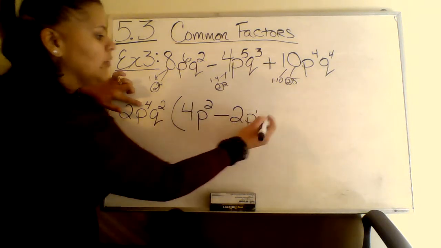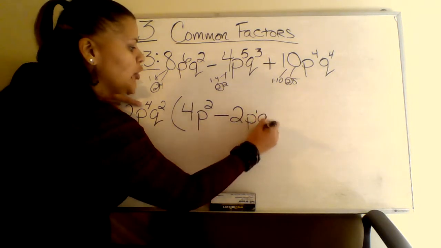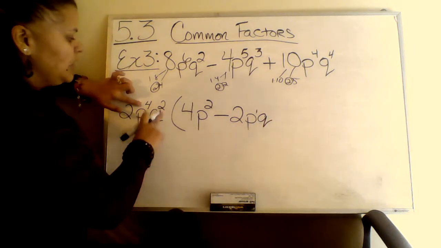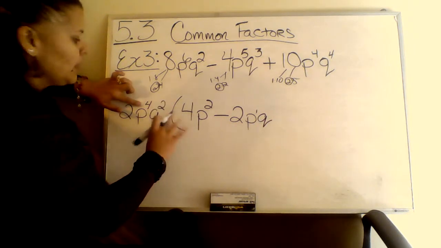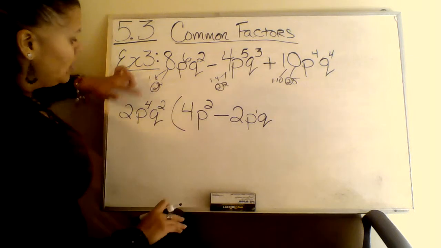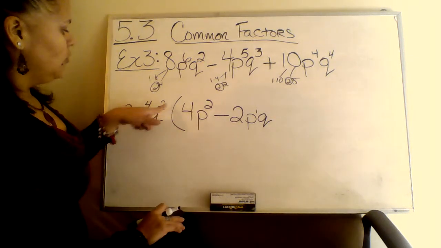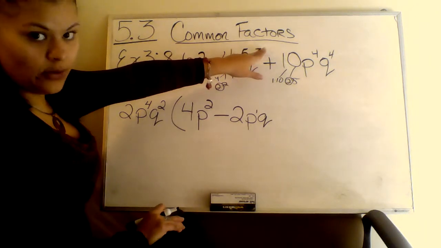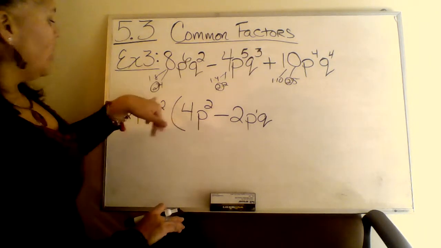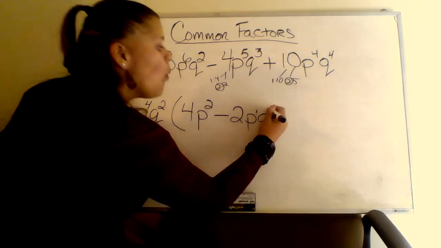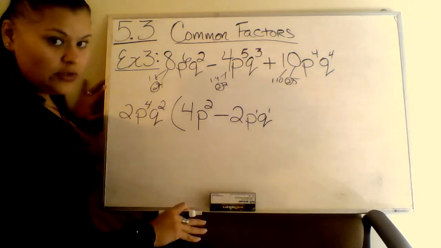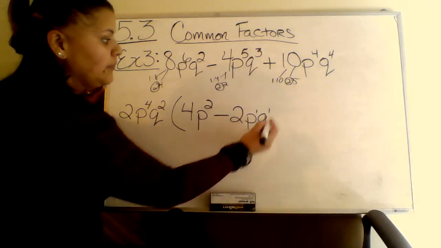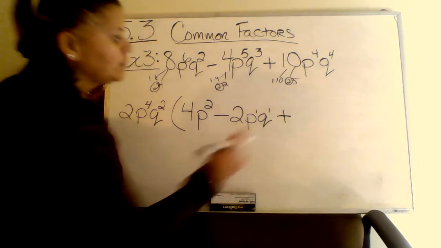So P to the first power. Now Q. This is Q squared, my bad. Now that you have Q squared, you need a Q cubed, or to the third power. So 2 plus 1 gives you 3. So you have that leftover Q in there. Bring down the sign for the next one.